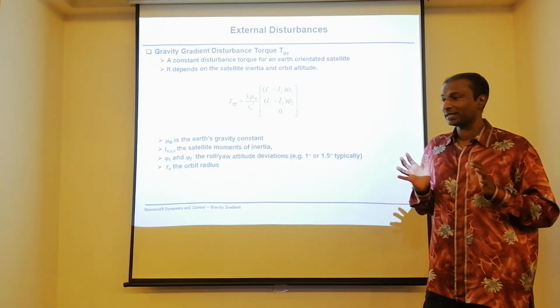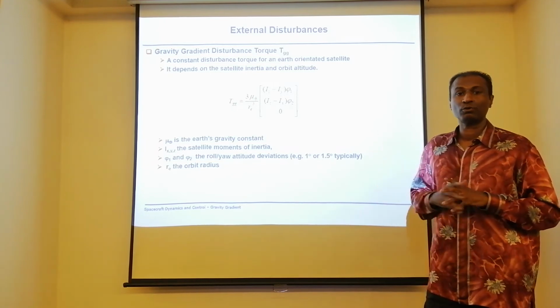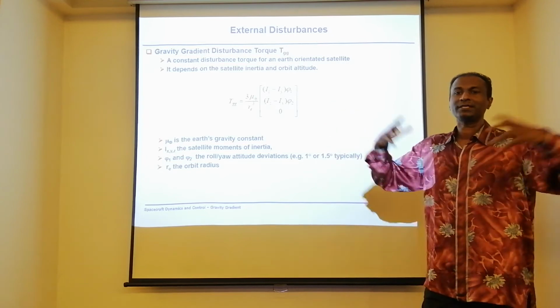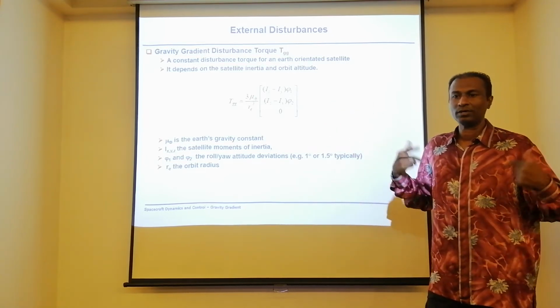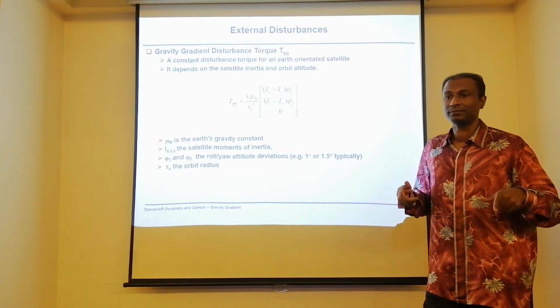Not all satellites can do booms like what you see. Booms are easy for small satellites, but for larger satellites you don't have booms. You just build a satellite, then you live with the gravitational disturbances. What you have to know is that you have to quantify the gravitational disturbance so that you can correct it.